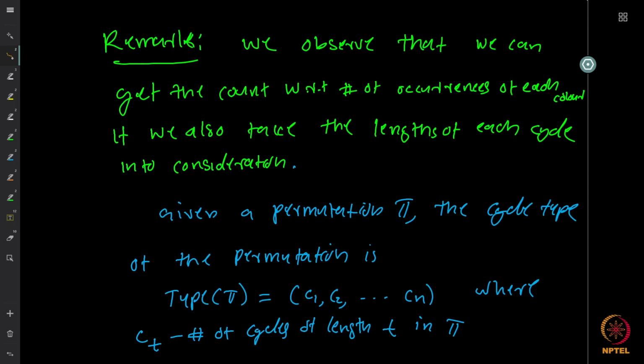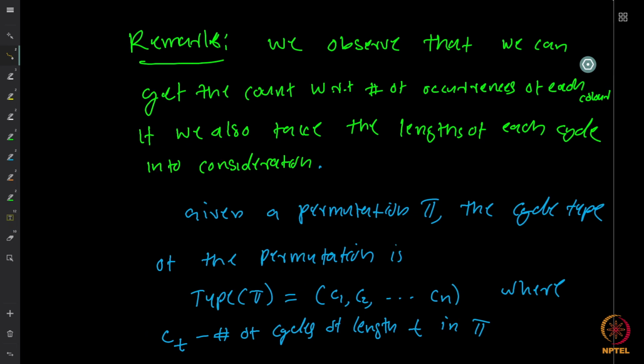So here is a remark. If you want to get the number of colorings with some additional information, for example, you want to count with respect to the number of occurrences of each color, right? So I want to count the number of G-inequivalent colorings where the red color appears 3 times, blue appears 5 times, and green appears 7 times, etc. So I can do that also.